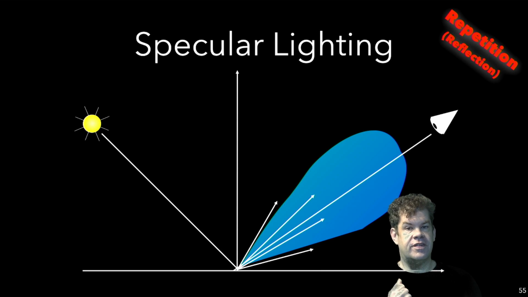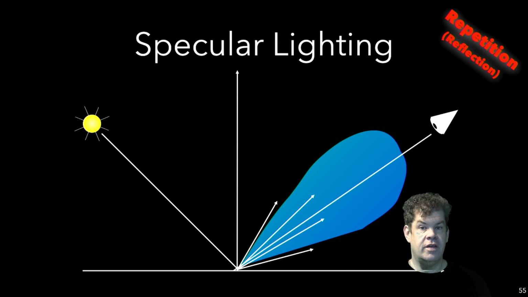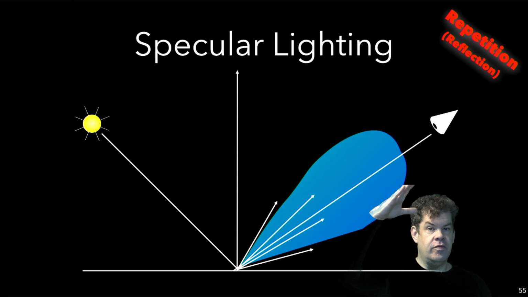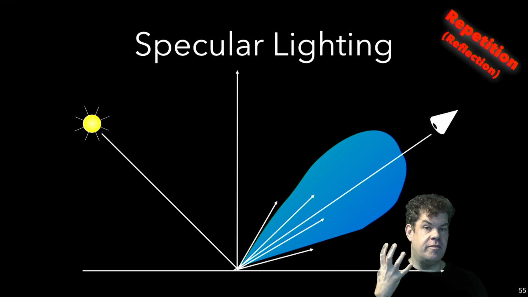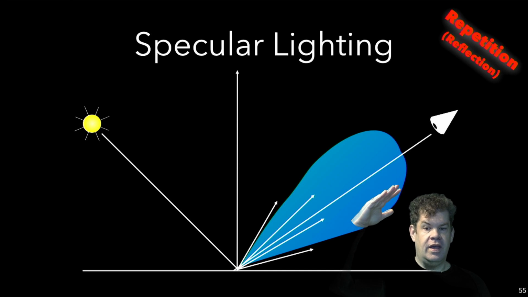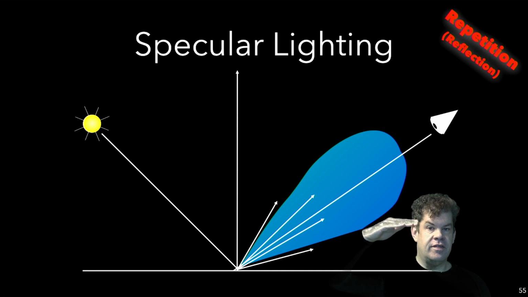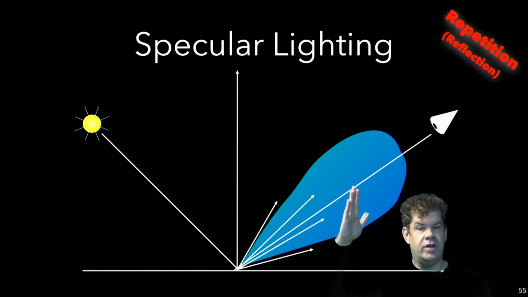So if I fix the light source incoming from the left, and I change my viewing angle, if I look in this direction, I see a relatively bright point, and then if I increase the angle from this perfect reflection angle one way or another, the energy drops. So I see less and less.